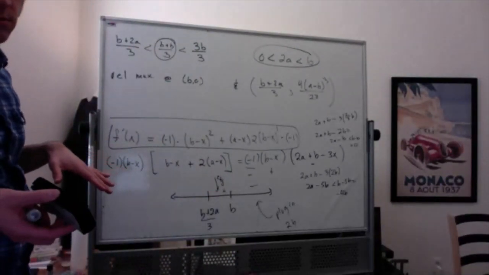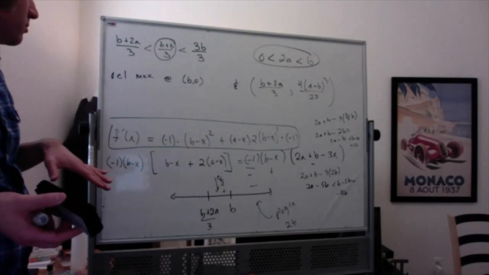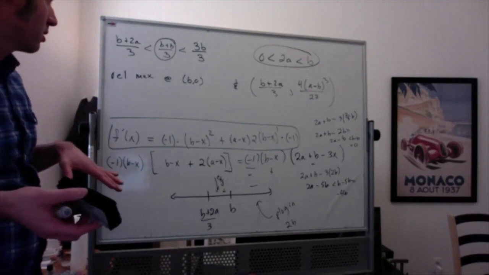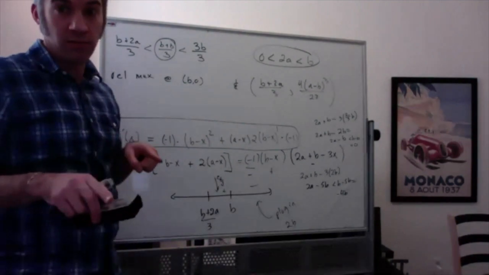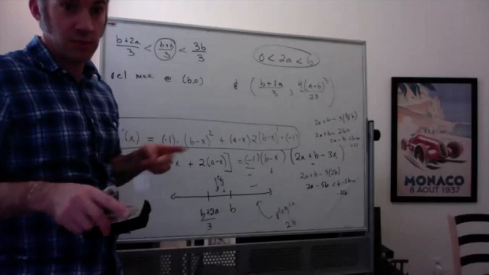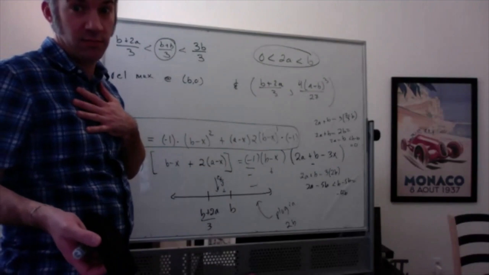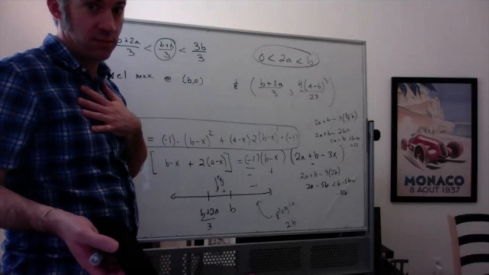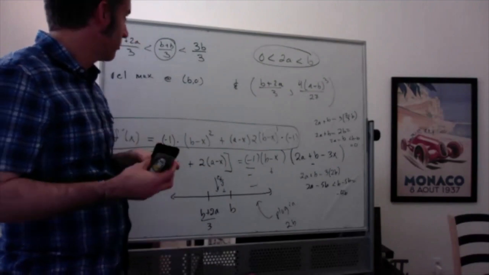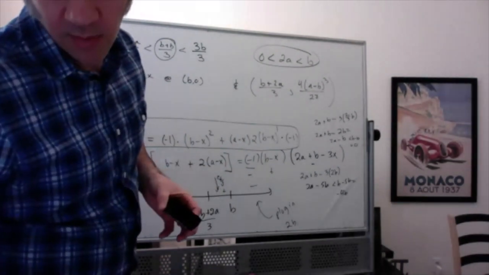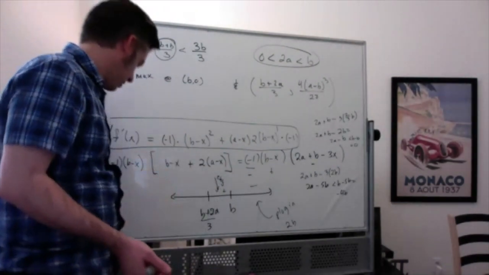I'm a little confused on how you got the critical points for B. They were given in the problem. The critical points are the ones at the top, right? The B plus 2A over 3 and then 4. Right.